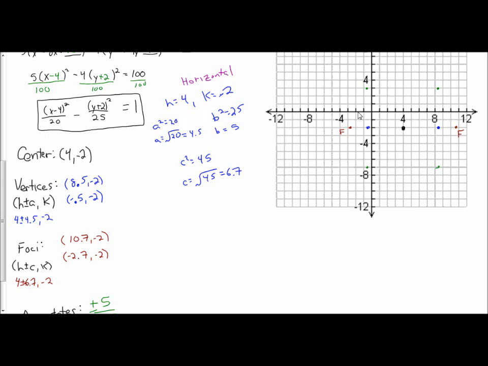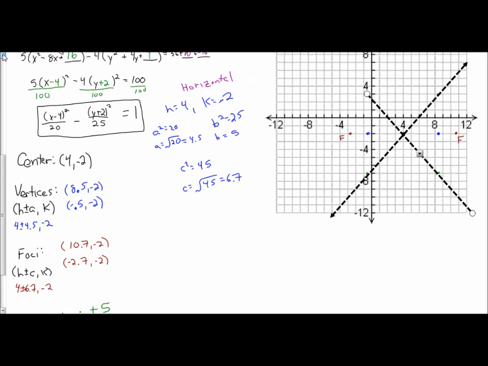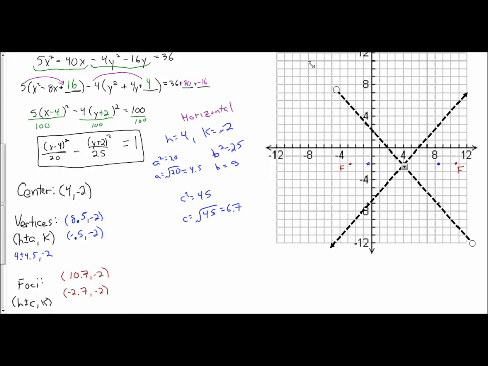And now I graph with my dashed lines to create the asymptotes. And so come down and through. I'm going to come up and through and make sure you extend them across the entire grid. So let's go ahead and do that. And I'm going to come up so I can extend it across the entire grid. Make sure I go to the dot.